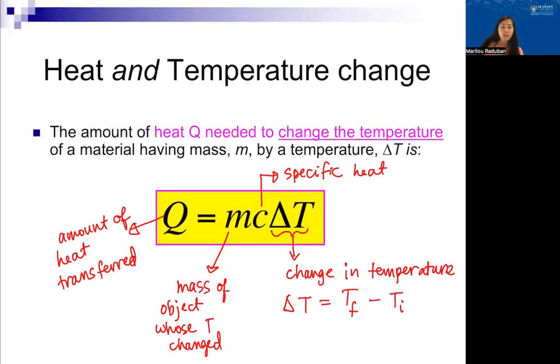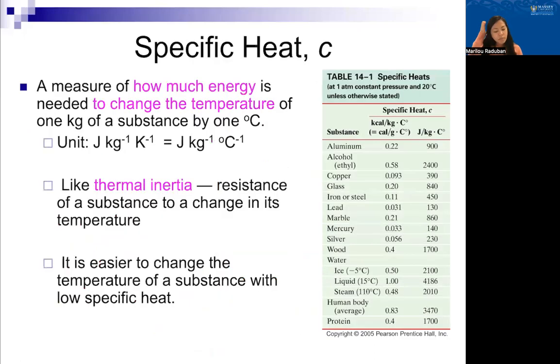But let's talk more about the specific heat, because it's a property of the material, and therefore it tells us something about how the temperature of the material changes when heat is being transferred out of the material or into that material. So specific heat is a measure of how much energy is needed to change the temperature of 1 kilogram of that material by 1 degree Celsius. So this is the formal definition of specific heat.